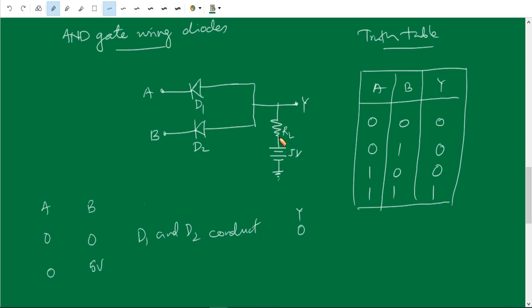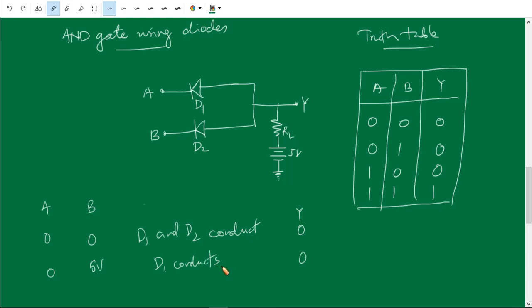Current flows through the load resistance. We know that V equals I into R, so the entire voltage is dropped across the resistance. So 5 voltage minus 5, at Y it will again be 0. So here D1 conducts.